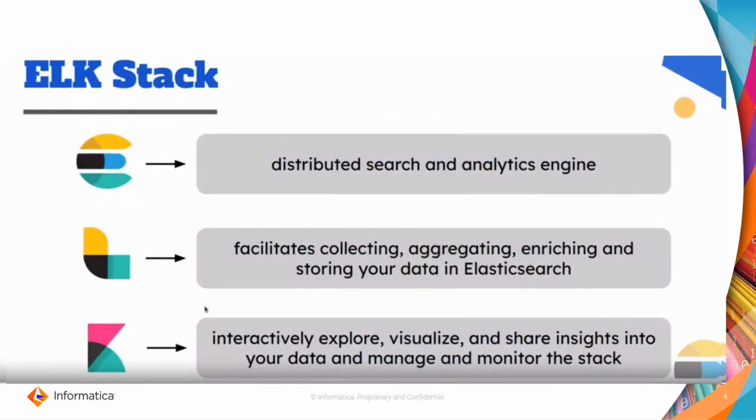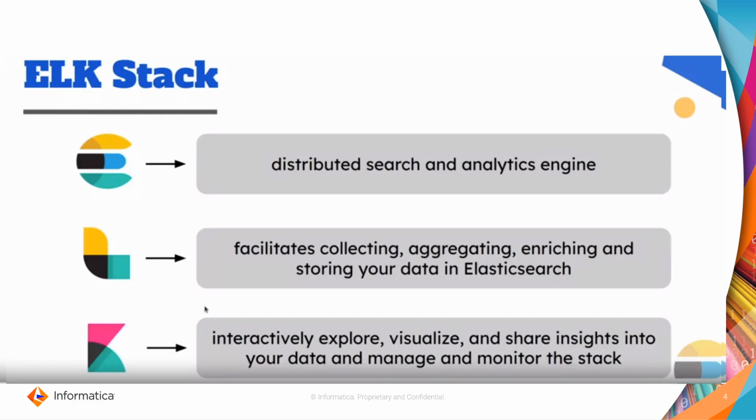As I mentioned, Elasticsearch is a distributed search and analytics engine. There are three components of the ELK stack: Elasticsearch, Logstash and Kibana. Elasticsearch is an analytics engine that provides scalable and distributed full text search as well as analytics capabilities on top of a structured JSON document store.